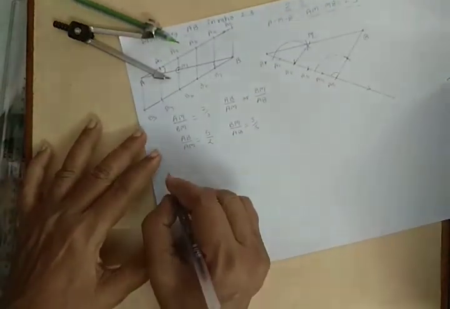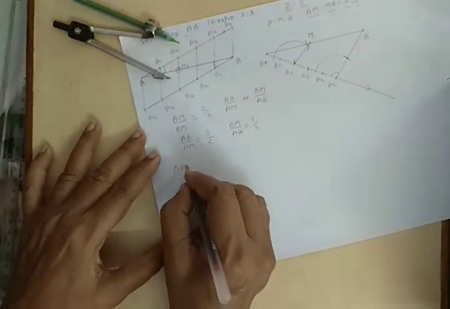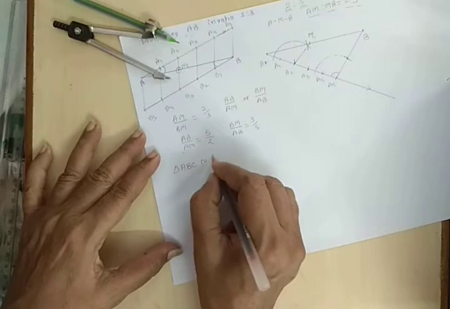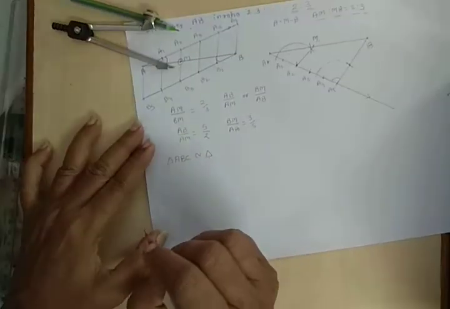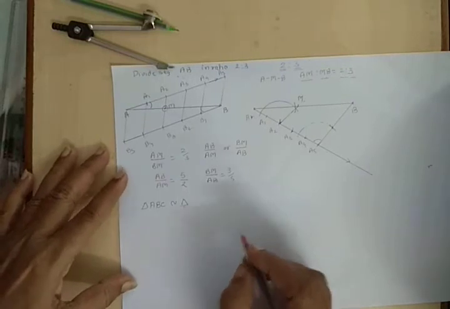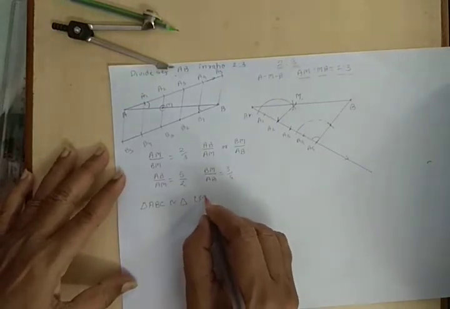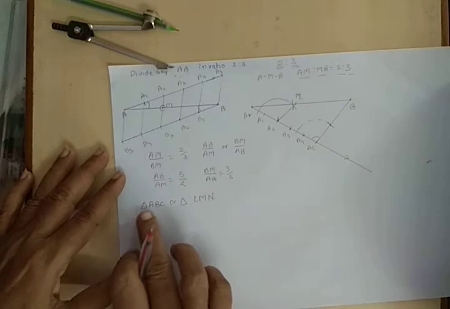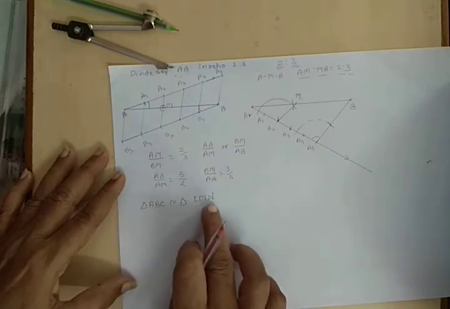First one, triangle ABC similar to triangle LMN. Look at, nothing is common in the name.